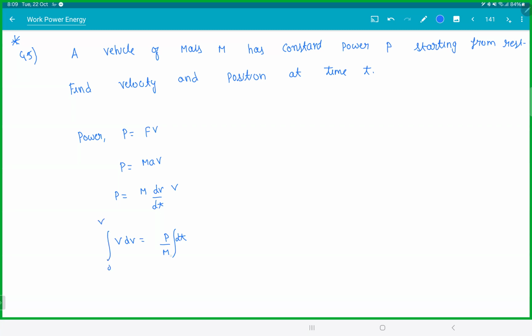Integrate 0 to v, 0 to t. We get v square by 2 is equal to Pt by m. v is equal to root over 2Pt by m. Integrate this again.